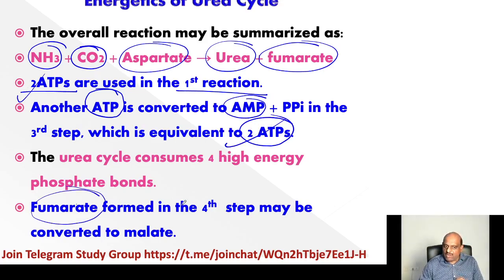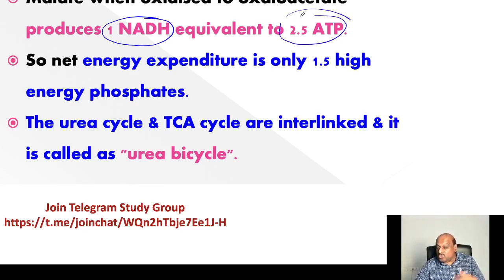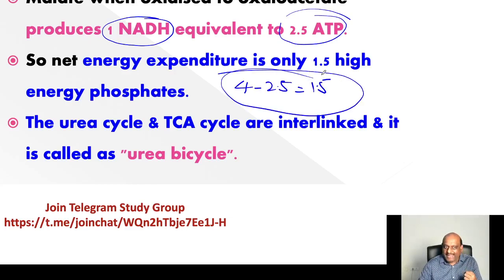But the fumarate formed in the 4th step is converted into malate. Malate will lead to production of 1 NADH by the action of malate dehydrogenase, and that leads to 2.5 ATPs. So 4 minus 2.5 is equal to 1.5, the ultimate energy expenditure if you want to run the urea cycle.